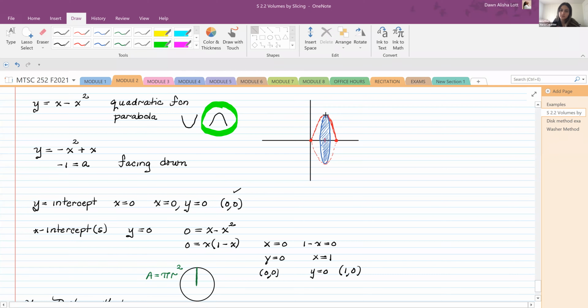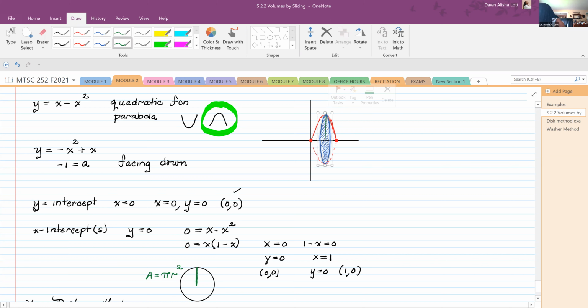Okay, so for this one, the radius, exactly as you say. So if I go here and draw my radius in, it's in green. That means that the height at any given time is on this curve.